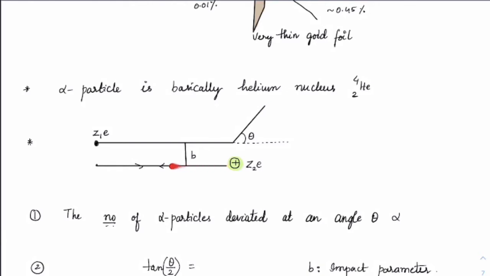Now if the distance from this head on line to this is b, let us say this distance is b, and the angle of the scattering rays is, let us take it as theta, then we can calculate how many alpha particles will actually get deviated.